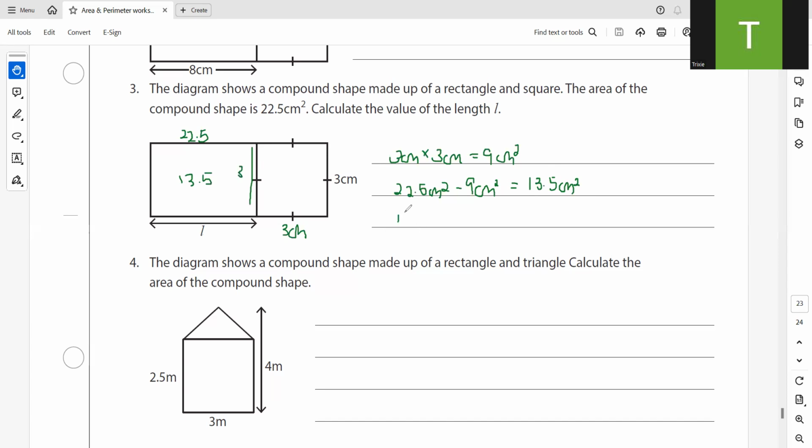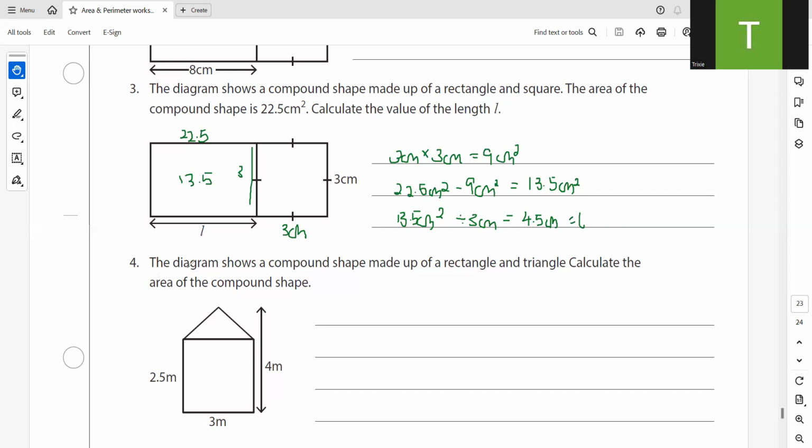So 13.5 cm squared divided by 3 cm, you get the base, which is 4.5, because 3 times 4.5 is 13.5. So the length is 4.5. Yeah, L equals 4.5.